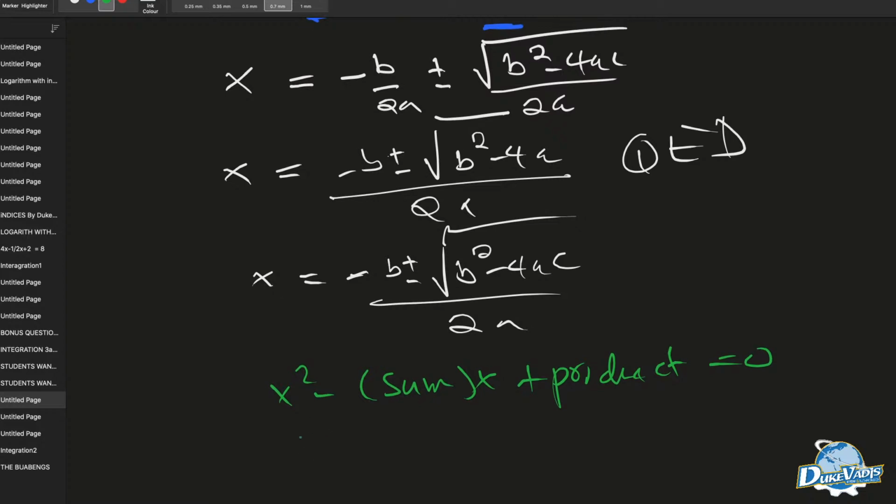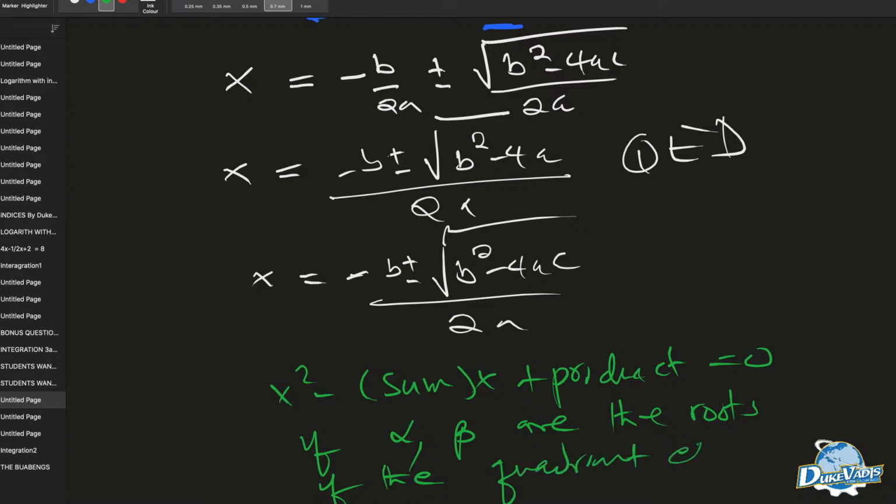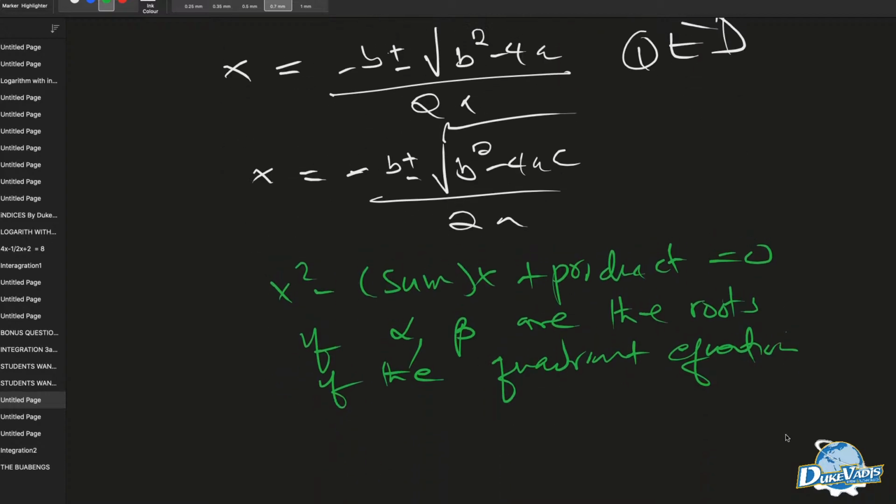So if alpha and beta are the roots of the quadratic equation, then we can say that the sum, which is alpha plus beta, is always given as negative b over a, which we can further explain.